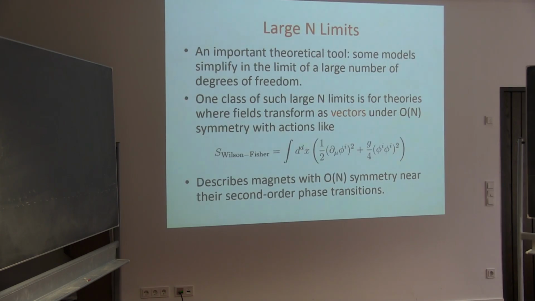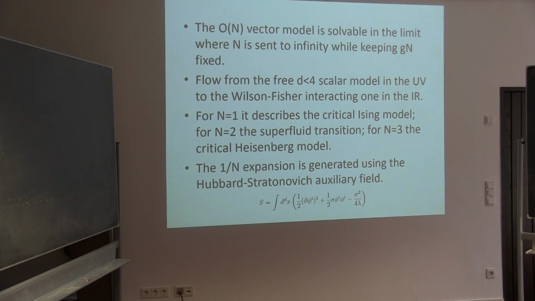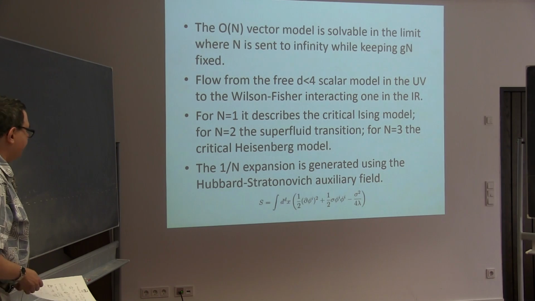I mentioned that the O(N) vector model is solvable in the limit where N is sent to infinity while keeping g N fixed. The particularly interesting range is where d is less than 4, so that the theory flows to some interacting fixed point.